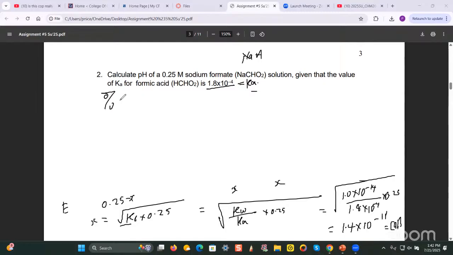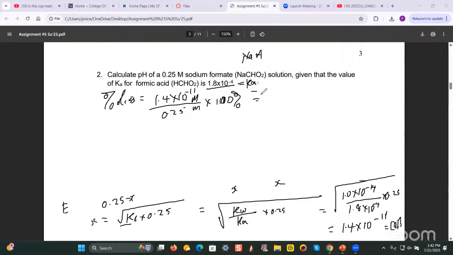Percent dissociation will be equal to 1.4 times 10 to the minus 11 divided by 0.25 M. Yeah, this is going to be less than 5%. So 1.4 times 10 to the minus 11 divided by 0.25 times 100.